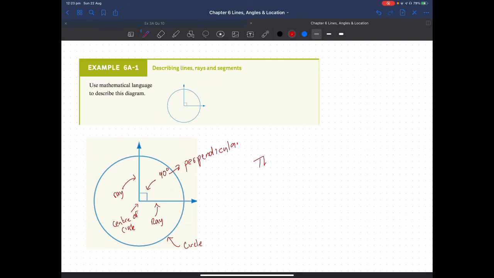There are two perpendicular rays that meet at the center of a circle.